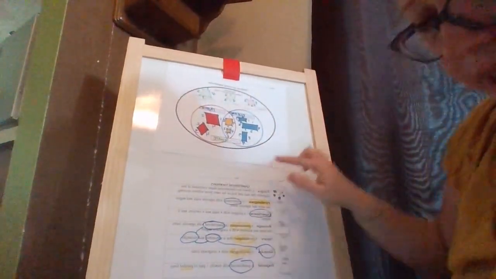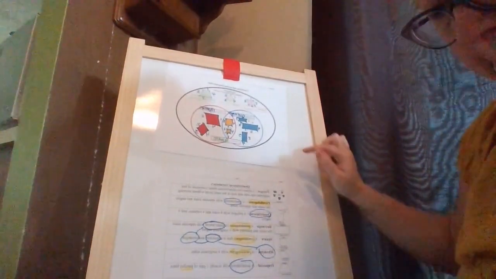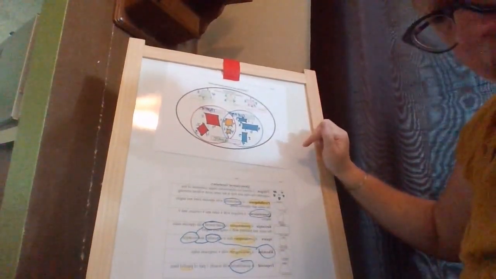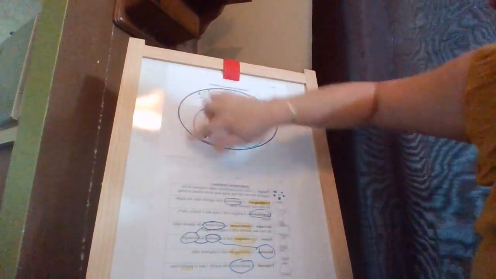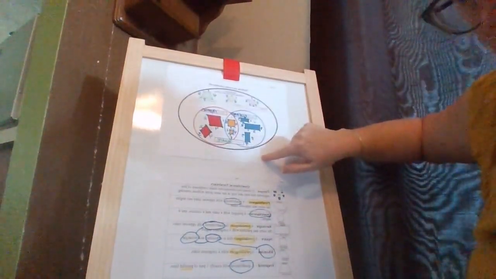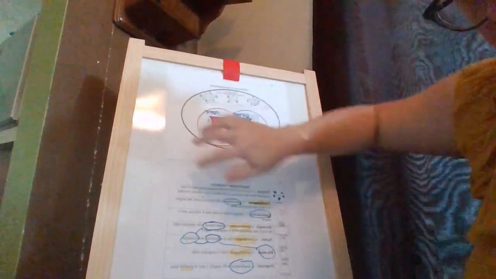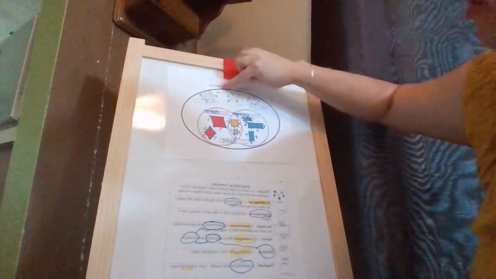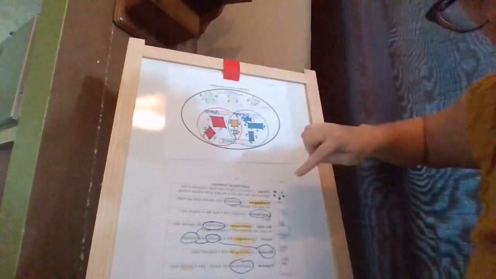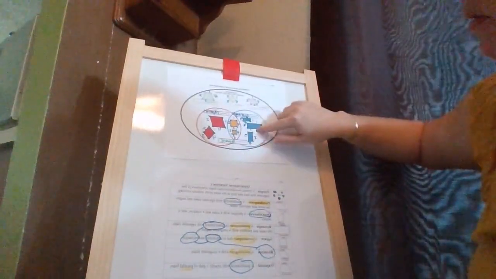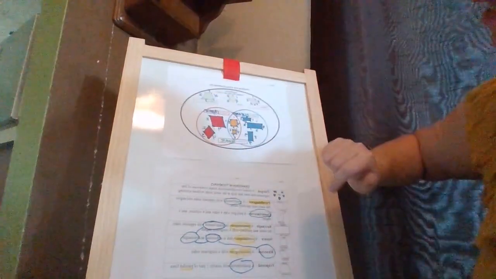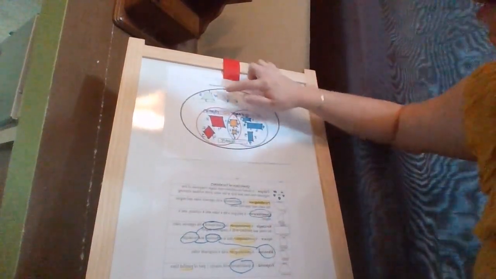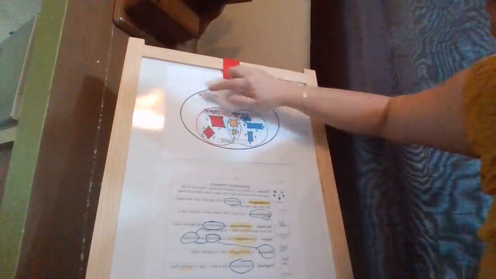So a square is a rectangle, but a square is also a rhombus. If you notice that we have one big black oval, everything in the big black oval is a quadrilateral. These are rectangles, these are squares, these are rhombuses. They're all quadrilaterals.